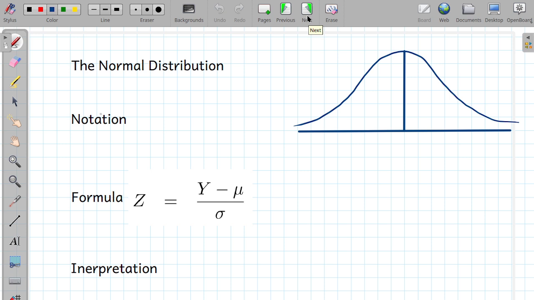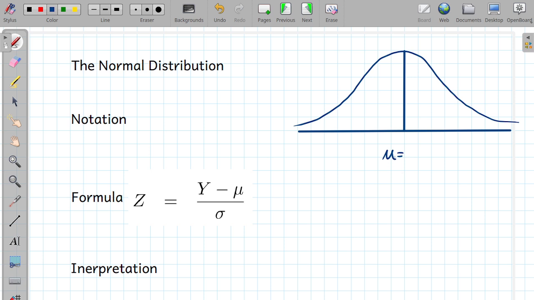We're going to spend the rest of this conversation talking about the normal distribution, or the bell curve. So the bell curve, let's look at the picture first, then we're going to talk about some of these other things. The bell curve has a center, and it is labeled mu. Now that's a stylized Greek letter.